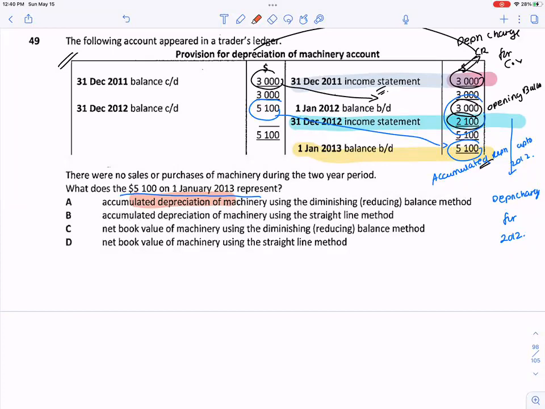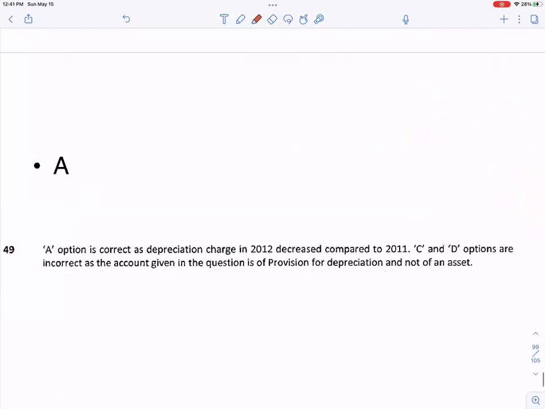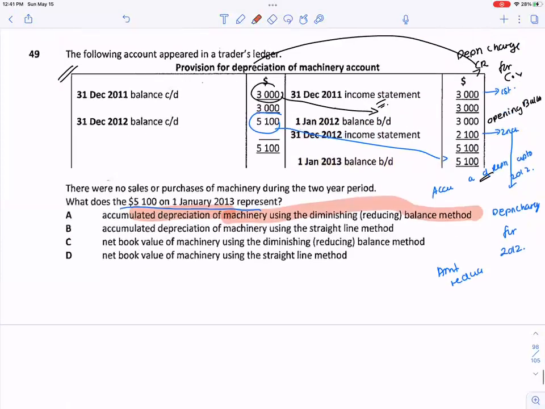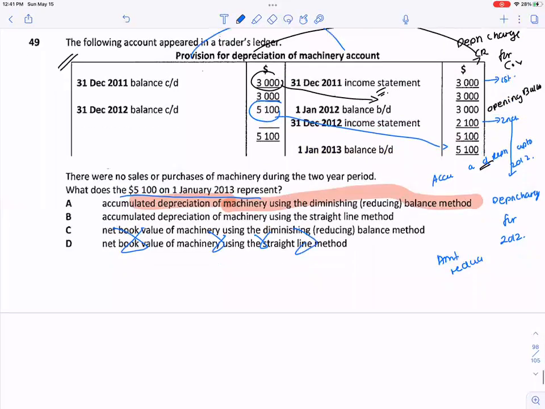This means accumulated depreciation using reducing balance method. In reducing balance method, the amount of depreciation reduces. First year it was 3,000. Second year it was 2,100. So this would mean accumulated depreciation. Are you all with me? It would not mean net book value because we are in the depreciation account.